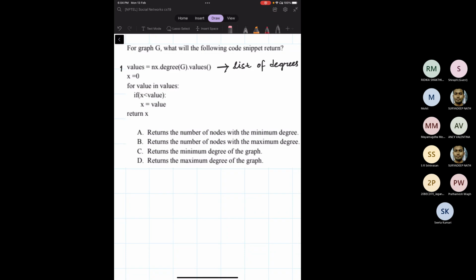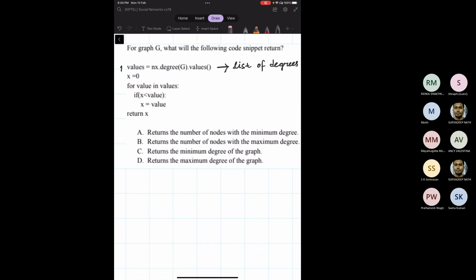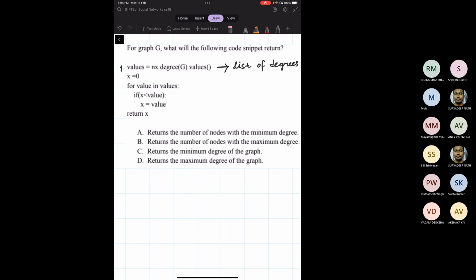Okay, so I'll start again. If you have this graph G, what would the following code snippet return? You have values equal to nx.degree(G).values, then x equal to 0, and then you have this loop, and then finally return x. So we'll try to understand this code line by line. Line 1 is values equal to nx.degree(G).values.